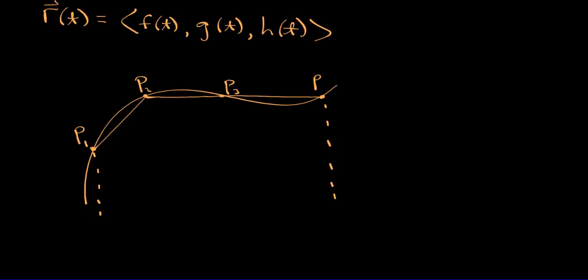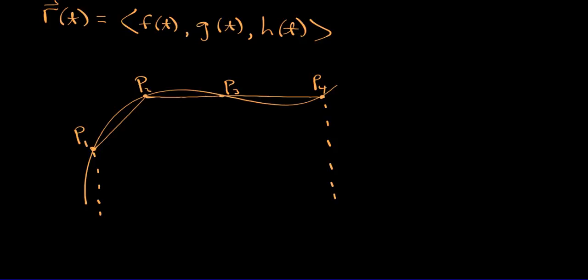I'll divide it up into 4 parts like that. And let's suppose that going from point 1 to point 2, from 2 to 3, and 3 to 4 is all the same delta t, just for simplicity's sake. You don't have to do that, but let's do that.